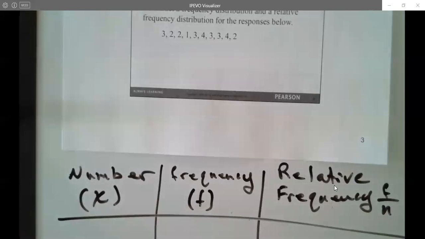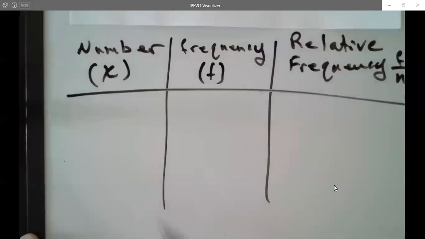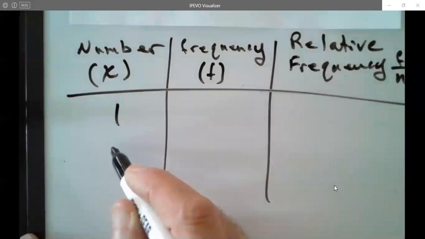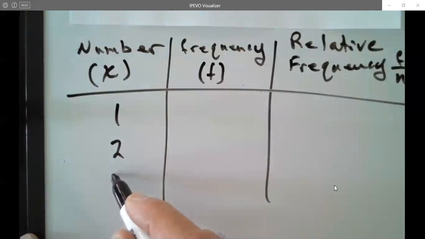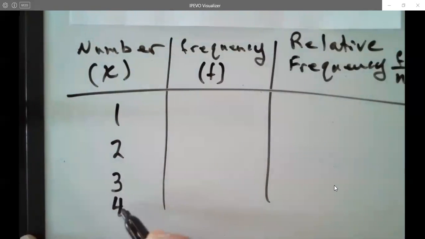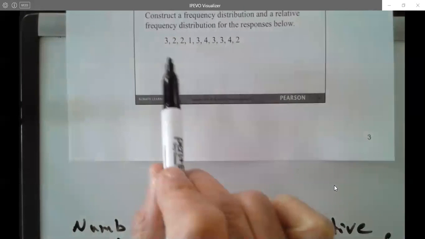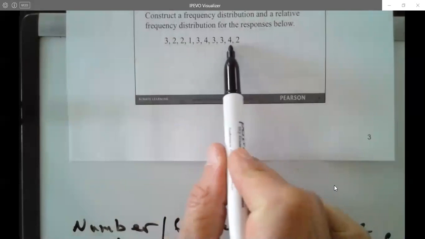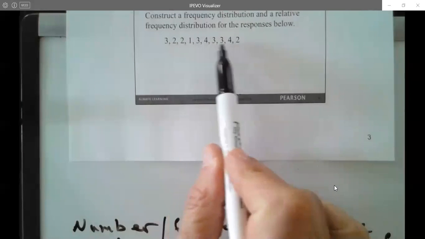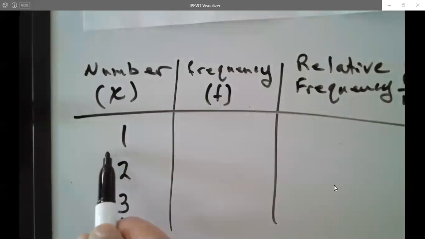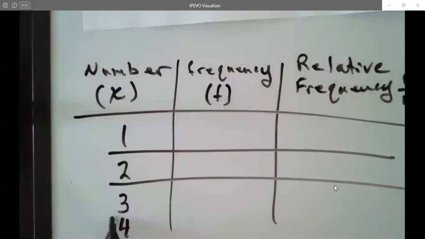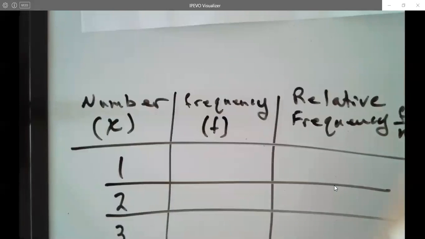Okay, so you have here one sibling, 2 siblings, 3, 4, and 4 is the highest. Some students have 4 siblings, and that's as high as they go. So we tally them up.